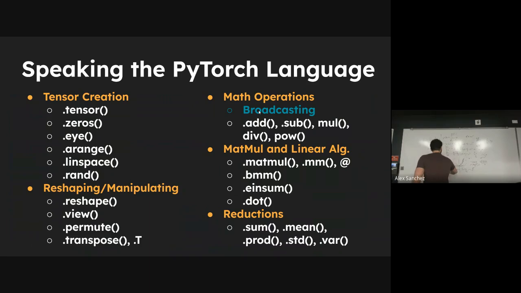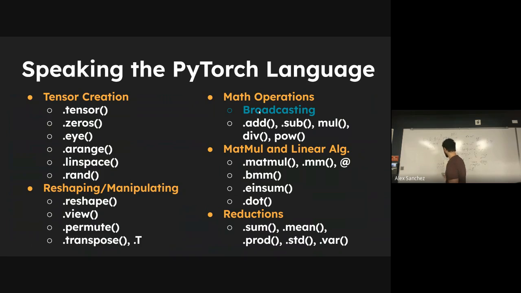Math operations. The most important thing here, I would say, is broadcasting. You see it a lot when you want to perform some kind of mathematical operation between two tensors that aren't exactly the same size or shape. So in an instance where we have tensor 1 of size 3, 2, and 1, and then tensor 2 of size 3, 2, and 7, if we want to add these together, we basically scale this 1 to a 7, and act like this was a 7 all along.